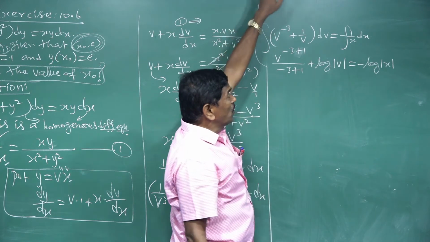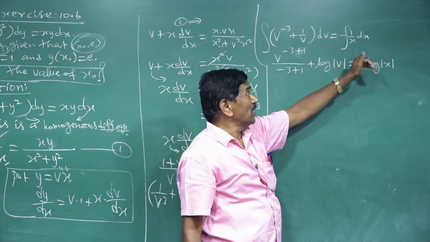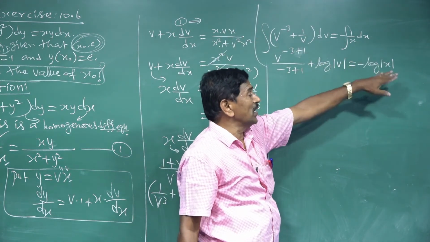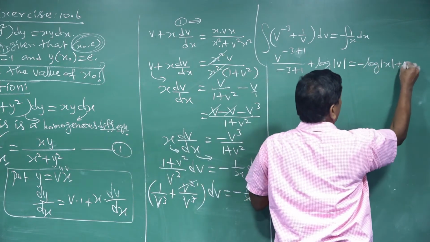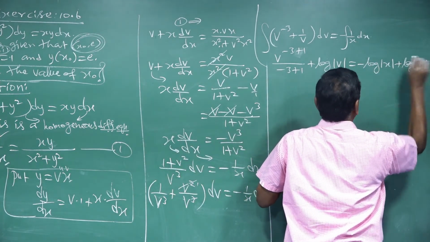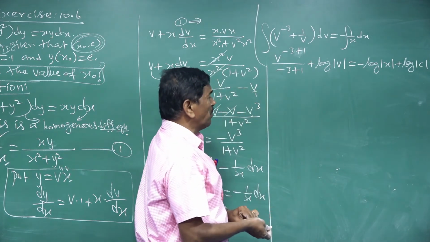Now I want to add the integrating constant. Add the integrating constant as log c for our convenience, so log modulus c. That's all. Now simplification.